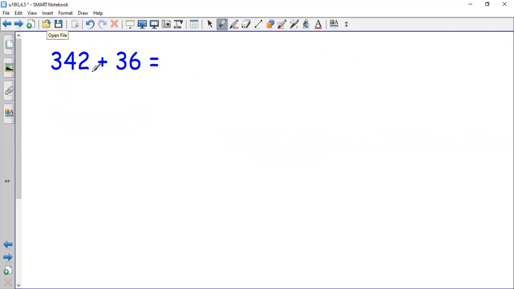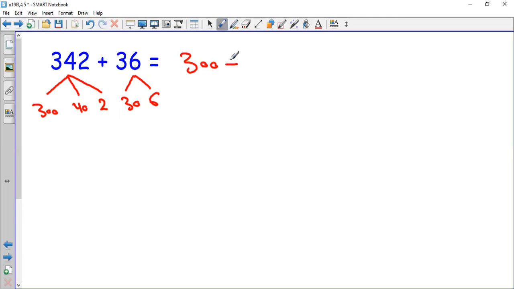Now, how can we add a three-digit number and a two-digit number using partitioning and recombining? The same strategy. First, I will partition 342 and 36 as 30 plus 6. Now I will group multiples of 100 together. I have 300 and no other hundreds, plus I have here 40 and 30.